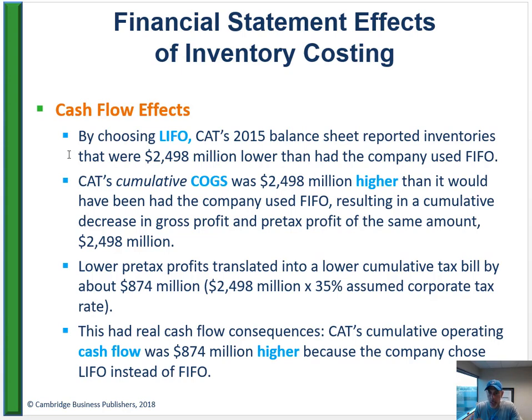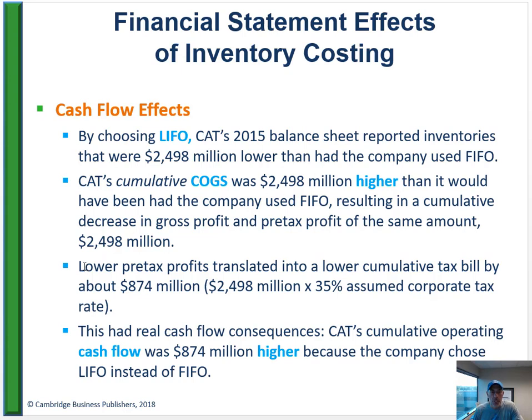By choosing LIFO, Caterpillar reported inventories that were 2.4 billion lower than FIFO. Okay, so what does that mean? That means that Caterpillar's cumulative cost of goods sold was 2.4 billion higher than it would have been had the company used FIFO. So that's $2.4 billion that we've passed over to the income statement.